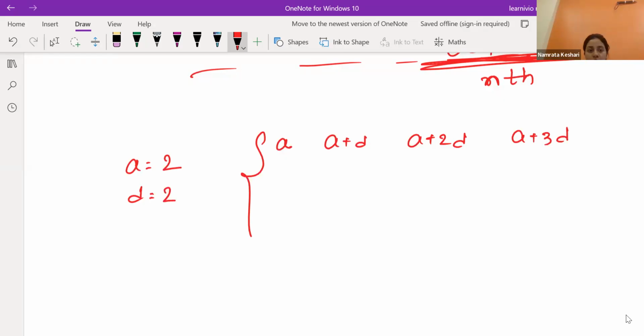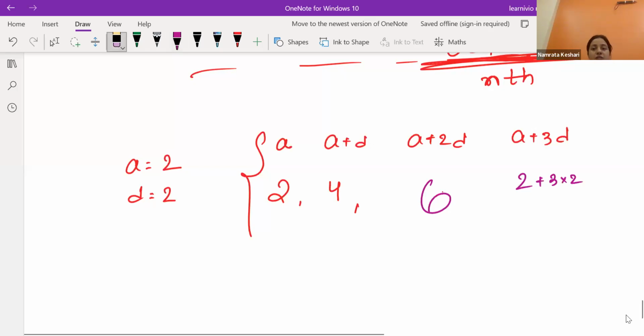That is, first term is 2, next term is 2 plus 2, 4, next term is 2 plus 2 into 2, that is 4 plus 2, 6. Check it. Next term, 2 plus 3 into 2, that means 6 plus 2, 8. Next term is 8. Can you see how easily we are creating the AP when A and D are given?